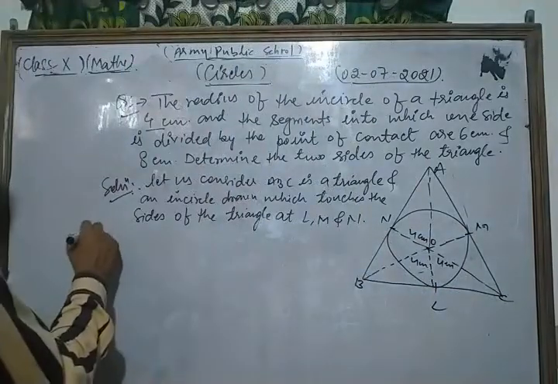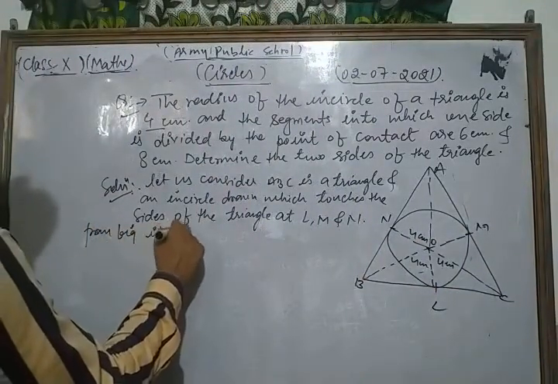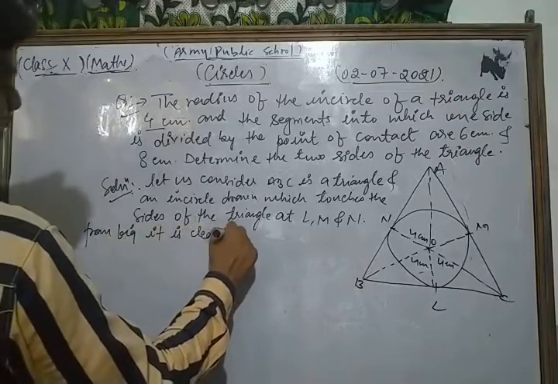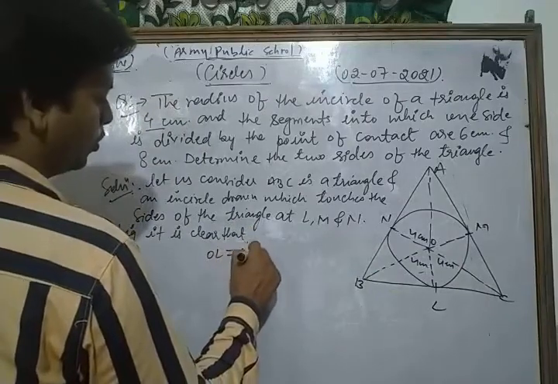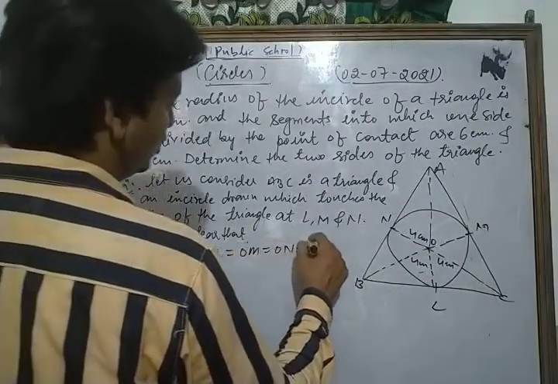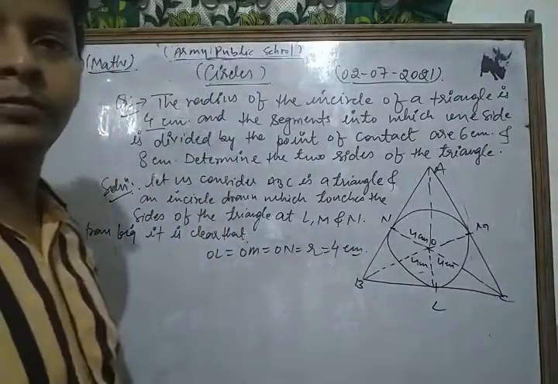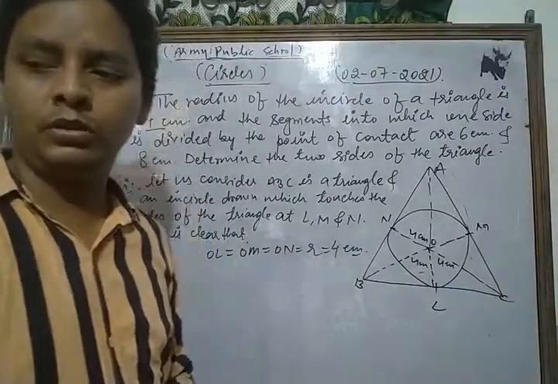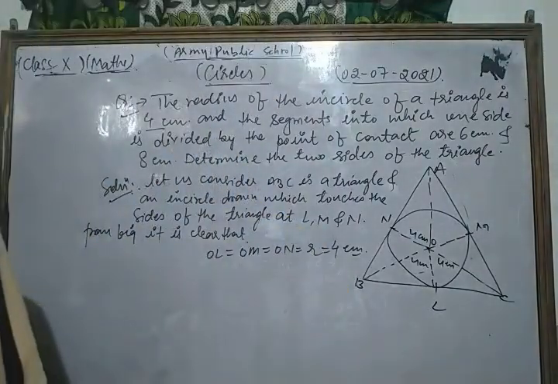From the figure it is clear that OL is equal to OM is equal to ON, each equal to radius r, which is 4 centimeter.